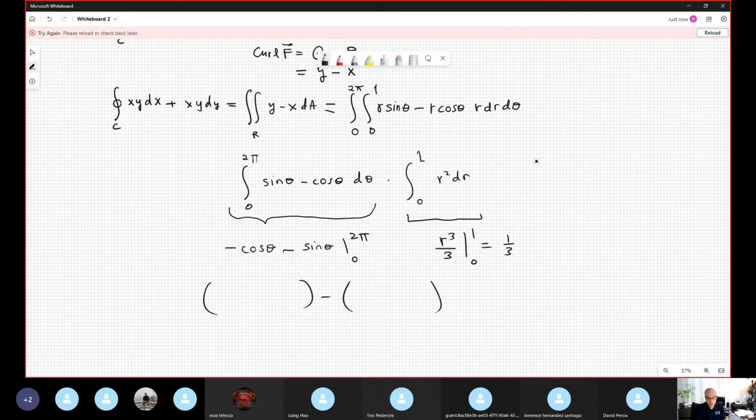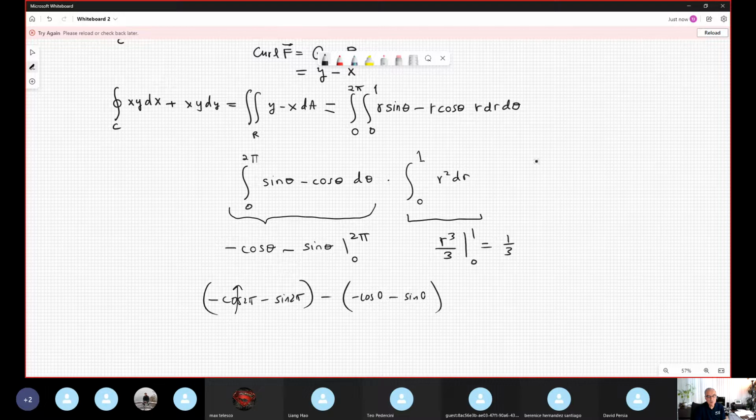Fundamental theorem of calculus. You evaluate here, minus cosine 2 pi, minus sine 2 pi, minus cosine 0, minus sine 0.